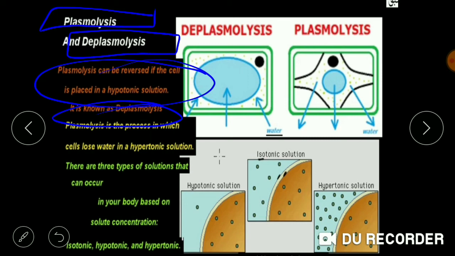It means the cell contents which have completely shrunk during the process of plasmolysis have regained their normal shape when kept in hypotonic solution. This process is known as deplasmolysis.